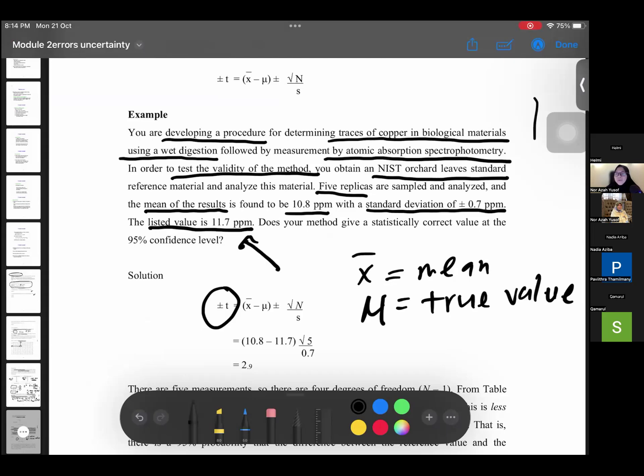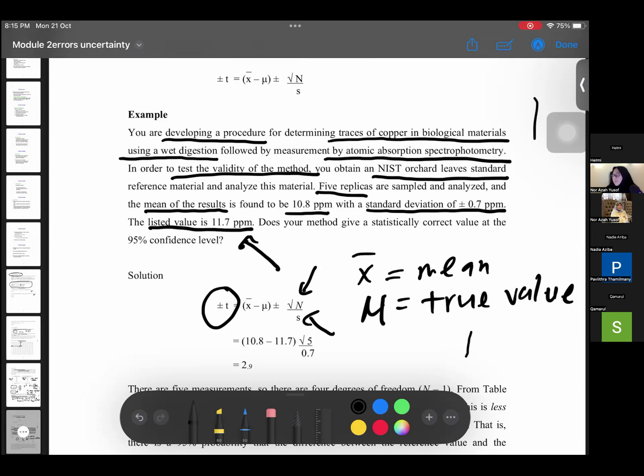There are a lot of names for this mu: true value, listed value, reference material value, meaning there's a standard value that you are referring to. Of course, N is the number of samples and S is the standard deviation. So just use this formula. The plus minus here is not a plus or a minus, it's the value of S.